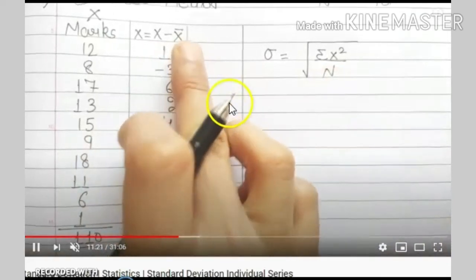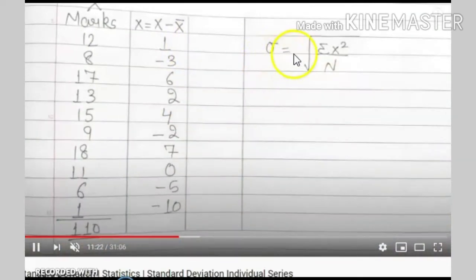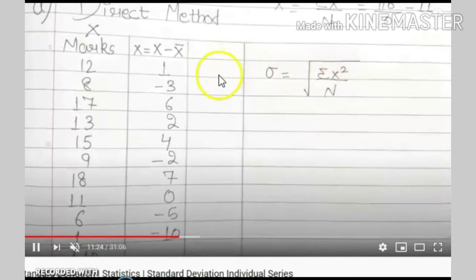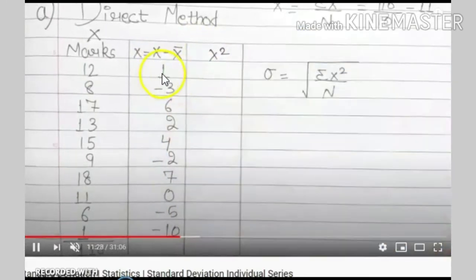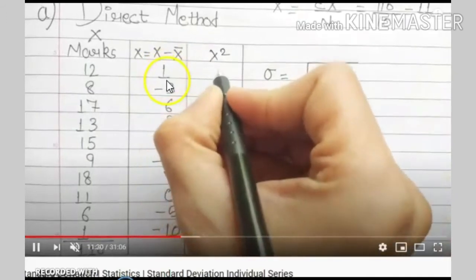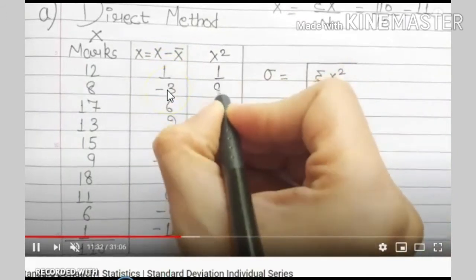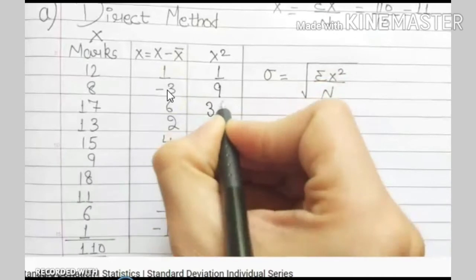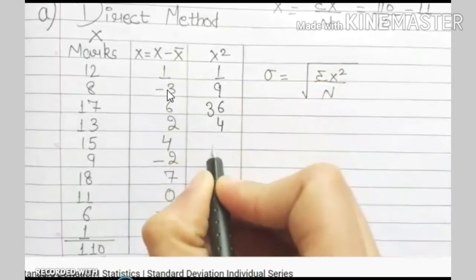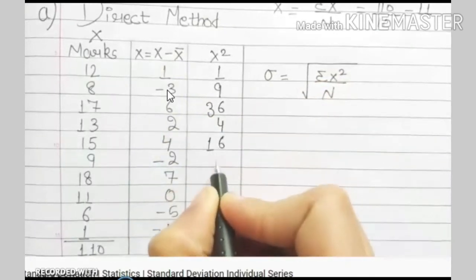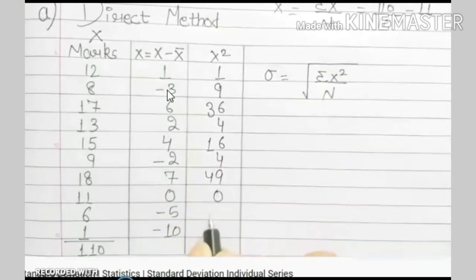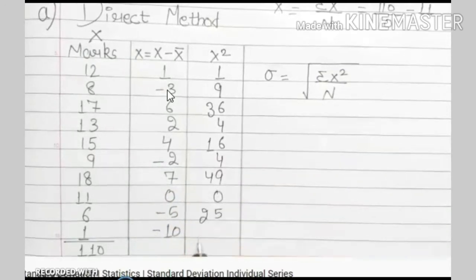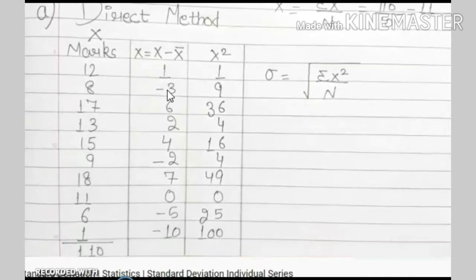Then the next column you want is x square. So you have to square this column: first is 1, next is 9, then 36, then 4, then 16, then 4, then 49, 0, then 25, then 100.